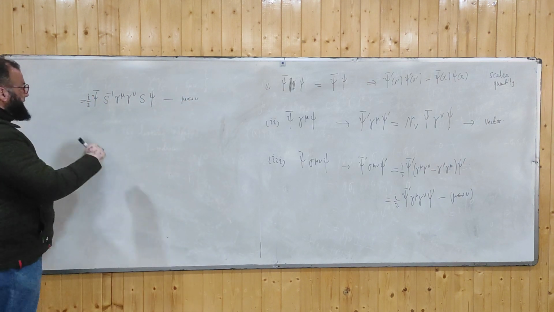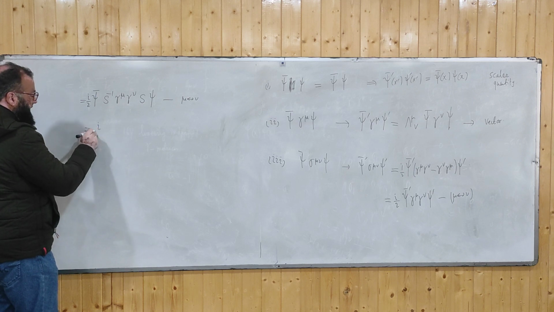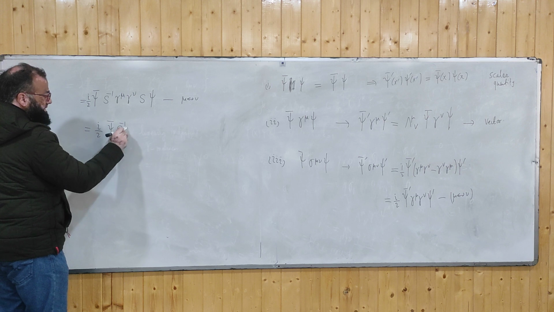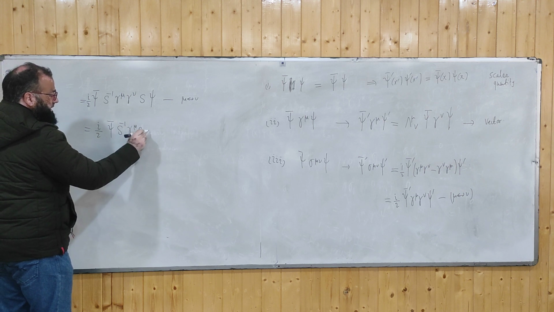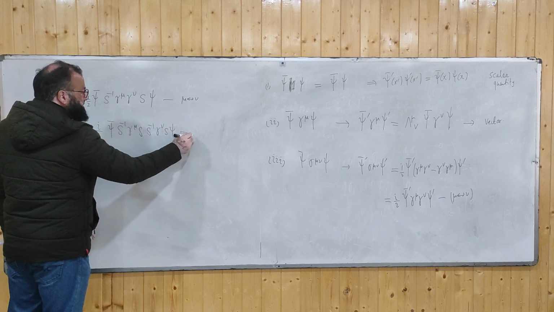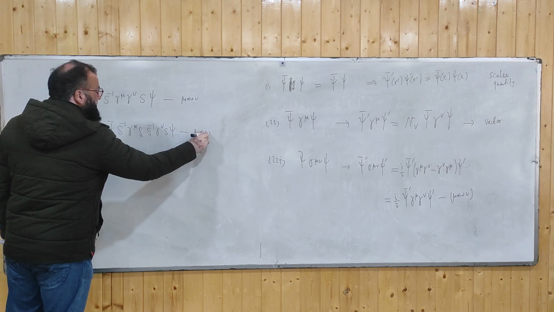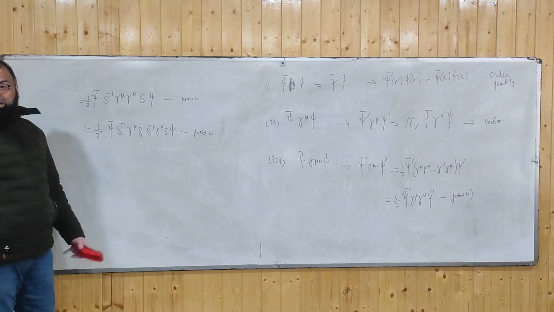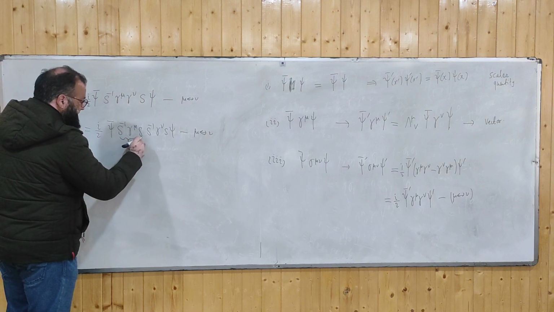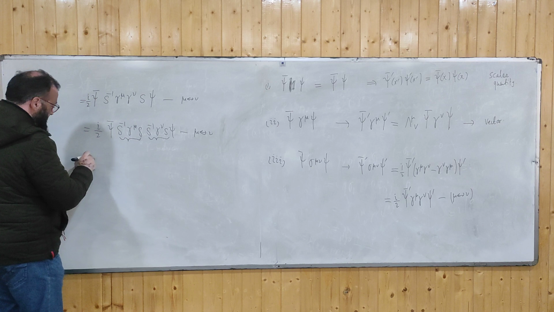Got it? Now tell me, can I write it as i by 2 psi bar S inverse gamma mu S, then S inverse gamma nu S? Can I write it? I have just introduced an identity: S S inverse is 1. So now what is this object? Anybody?